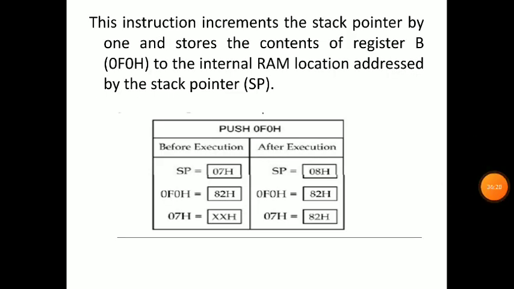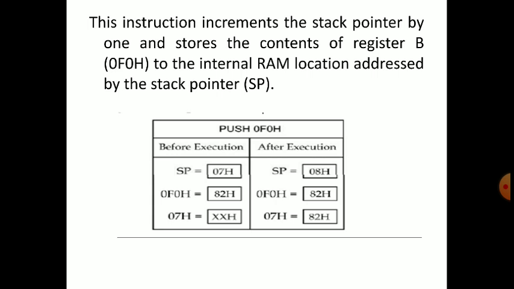The instruction increments the stack pointer by 1 and stores the contents of register B, because 0f0, if you remember, that is the address of the B register, to the internal RAM location addressed by the stack pointer. Example, before execution, let us assume stack pointer is representing 07h, and 0f0, the B register, has 82h, and the 07h has some random data.